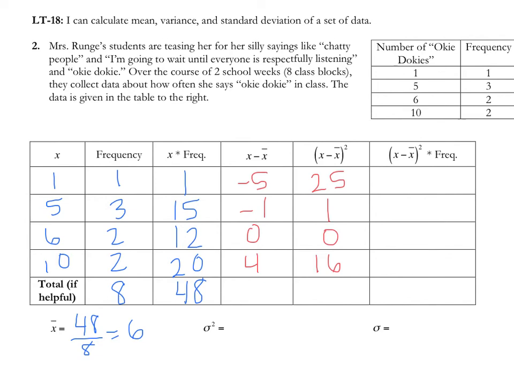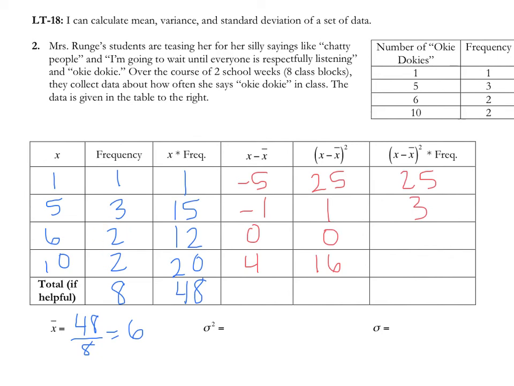So before we do any averages, we need to take each of our squared deviations and multiply by the frequency. So for our first one, we want to do 25 times 1. That makes 25. Then we're going to do 1 times 3. That makes 3. Then we want to do 0 times 2.